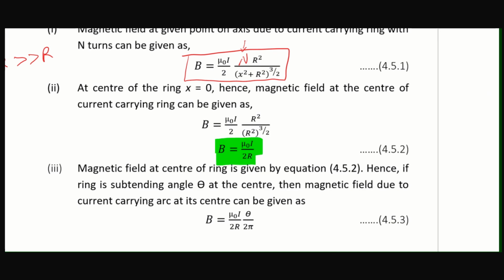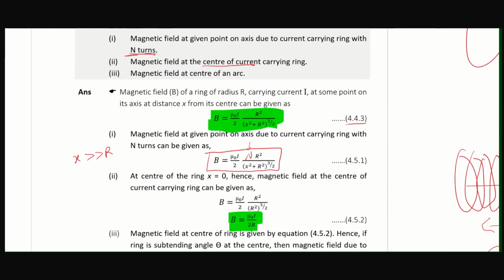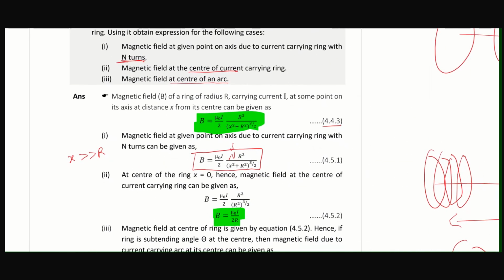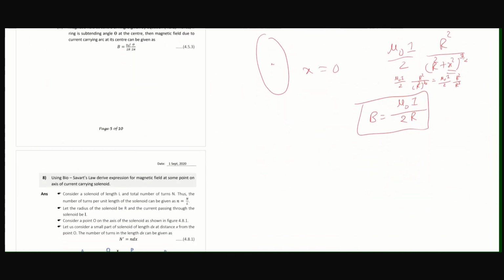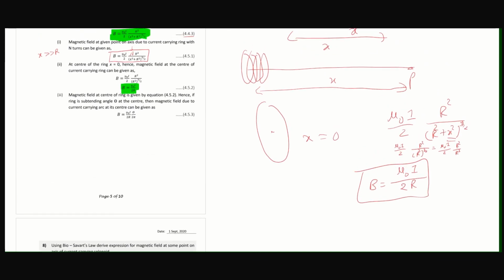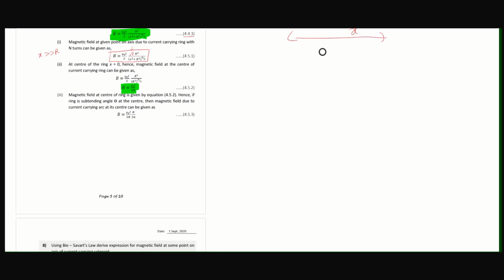This is the magnetic field, mu 0 I by 2r, where r is the radius. And if you are talking about the magnetic field at some point where we don't have a ring but only an arc, now what to do? For a complete ring, the magnetic field is mu 0 I by 2r.